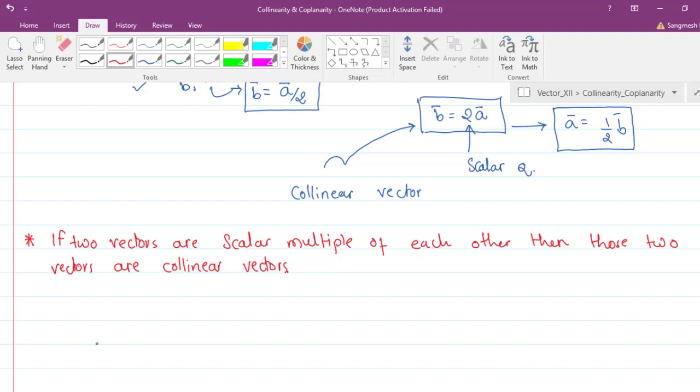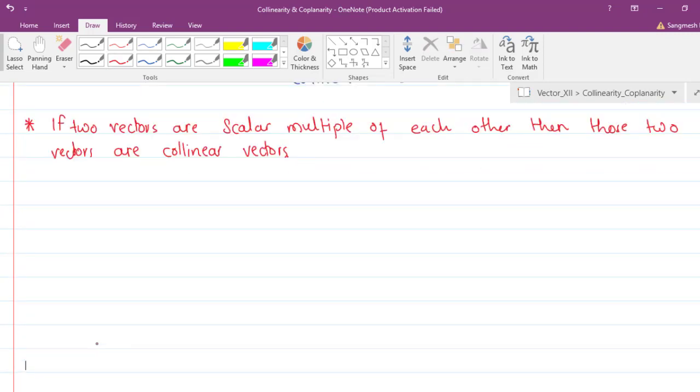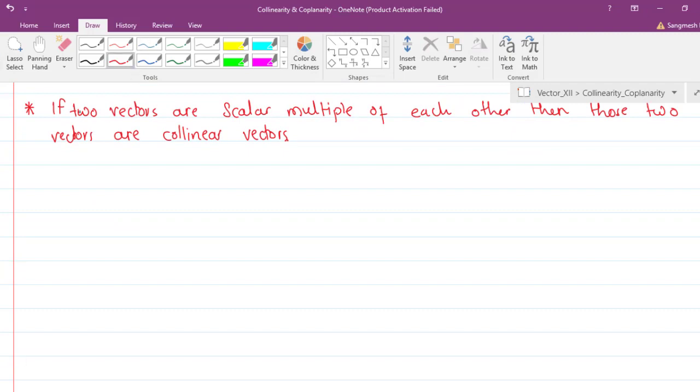Based on this we have the first theorem. So write down first theorem. Theorem number 1. Write down the statement. I request every one of you, please take running notes.